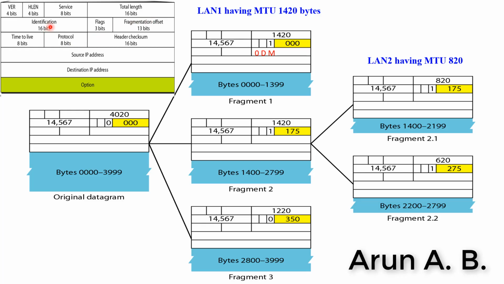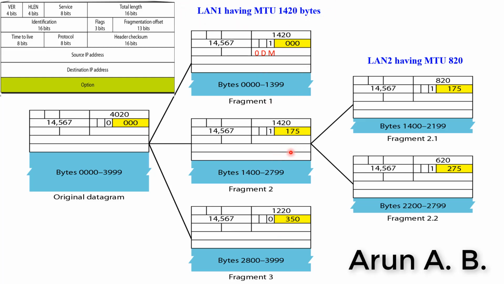Whereas this identification field, you can see the identification bits for all the packets are the same. This is 14,567, 14,567, 14,567 and so on. So what does it indicate? That all this was a huge packet which is divided into 3 sub packets when it goes through LAN 1.